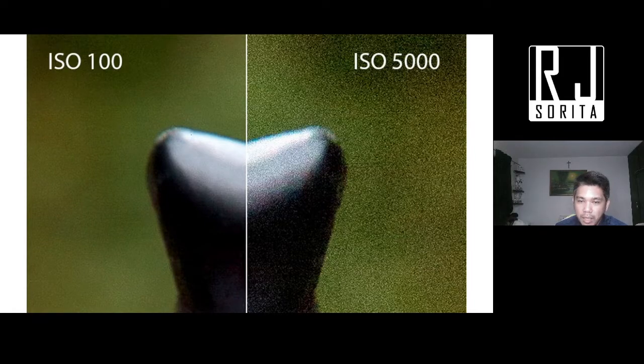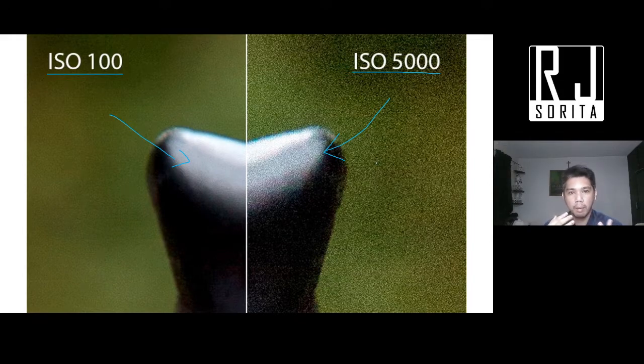Two images are taken of the same object. This one used a smaller number of ISO. The image is clear. The other one used a bigger number of ISO. The image became grainy.